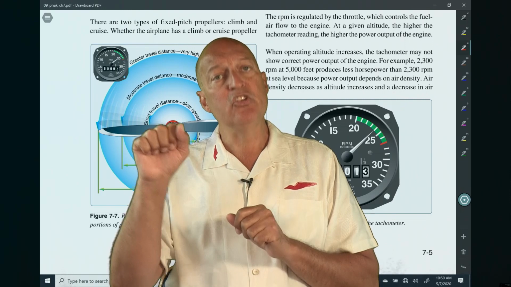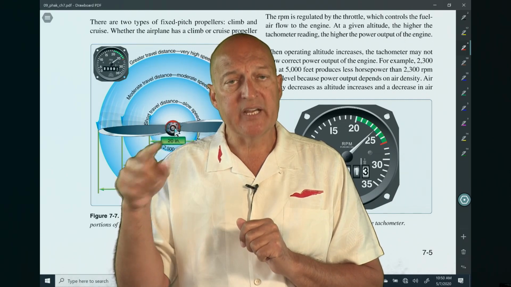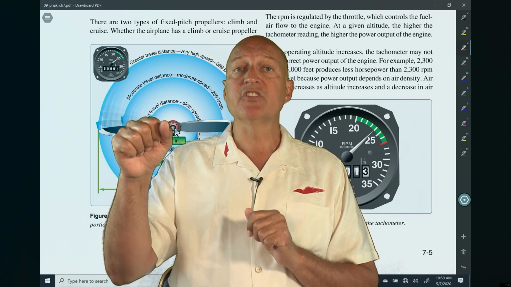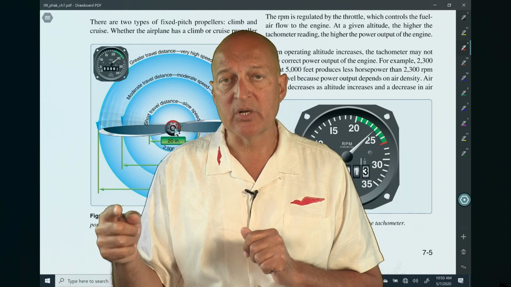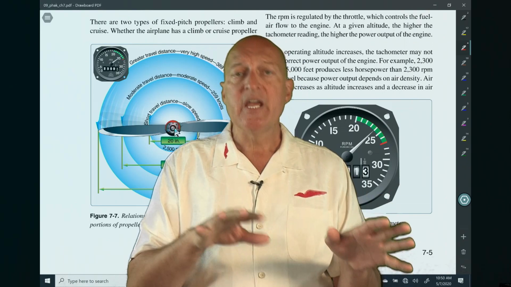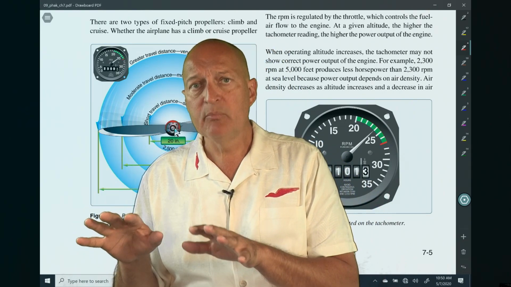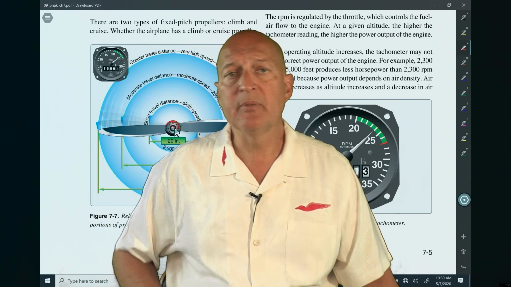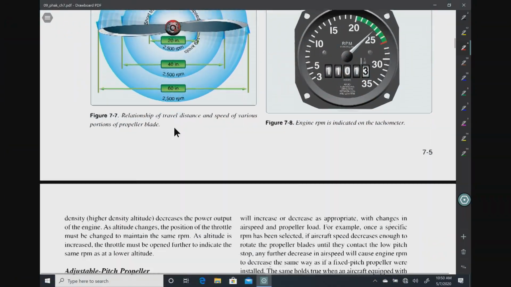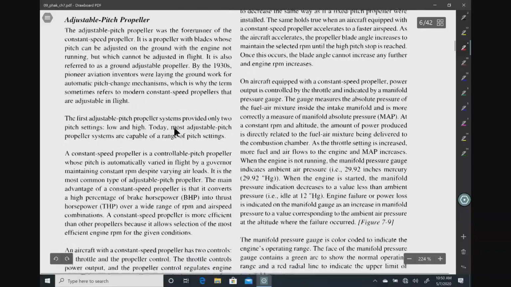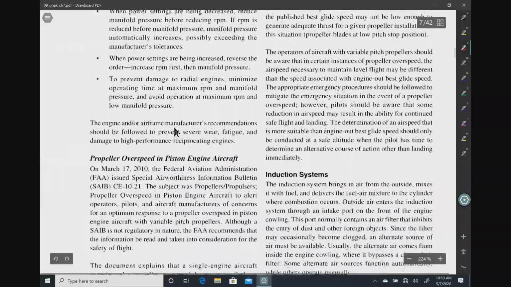When you're climbing, you can set your propeller so that it can climb very well, but then you can also make an adjustment when you're ready to cruise to help make the airplane cruise better. So you have a fixed pitch and you have a constant speed or variable pitch propeller. Those are a couple different flavors of propellers that you might see, and those propellers can be at the front end, or in some cases in a pusher, you can actually find those at the back end of airplanes.